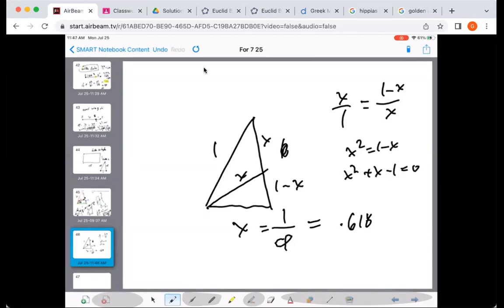The only difference between this and the last one is there's a plus there instead of a minus. And you end up with -1 plus the square root of 5 over 2.